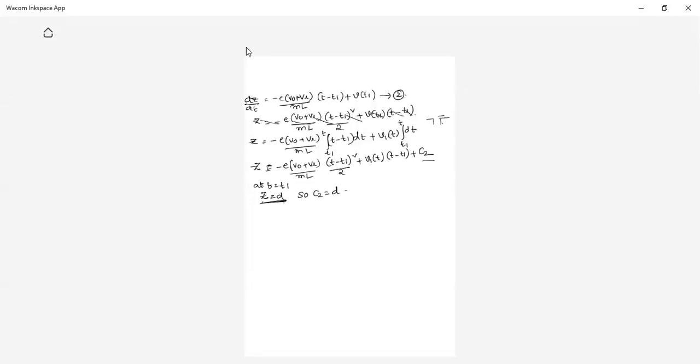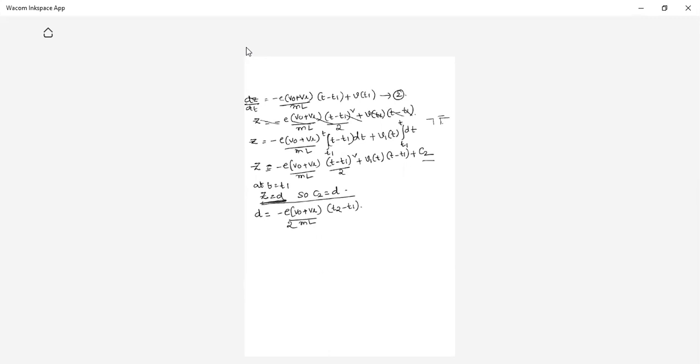Now what is the z expression I am going to get? Z is equal to d, so I'll substitute z is equal to d, e minus v naught plus vr by ml 2 ml, (t2 minus t1), substituting at that time.